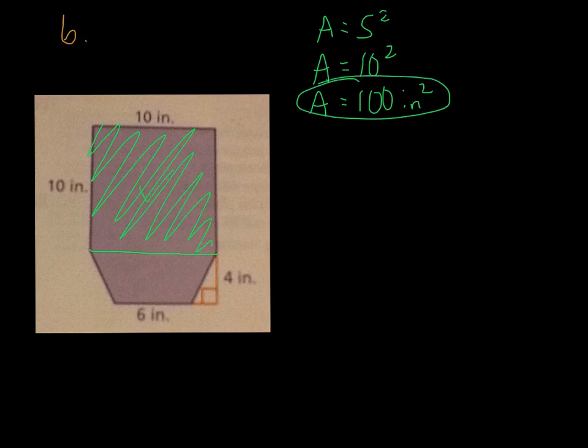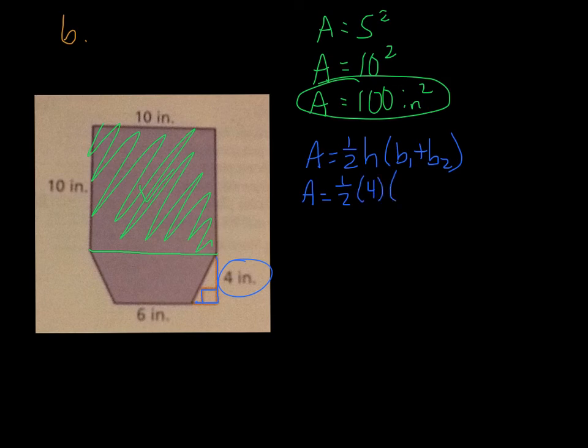Now to do my trapezoid, I've got area. I'm actually going to use a different color. Don't want to confuse you. Area equals 1/2 height times my base 1 plus my base 2. Let's see if we can find all this information. I've got 1/2. Well, my height is right here. It shows me with my right angle, so it's 4 inches.